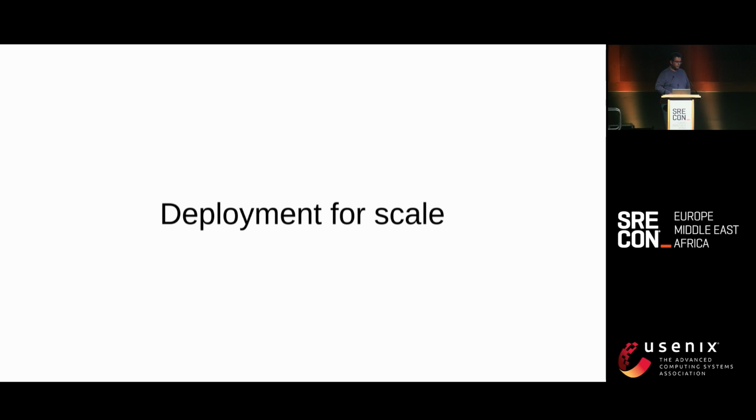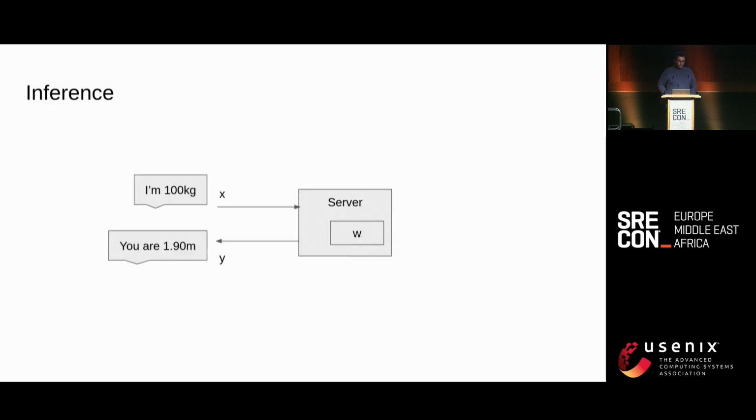Now, let's see how we deploy it typically at scale. What we call inference in the space of machine learning is what we typically have in the space of web APIs, where we send a question to the web server and we expect an answer. And the web server has the weights loaded, right? The model.